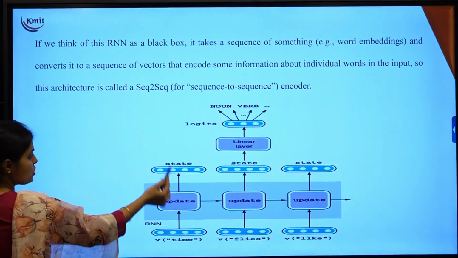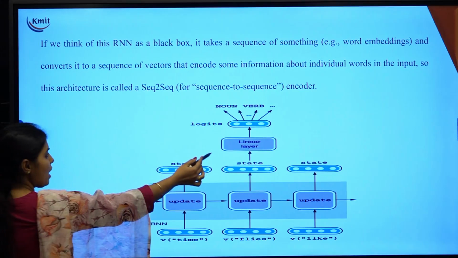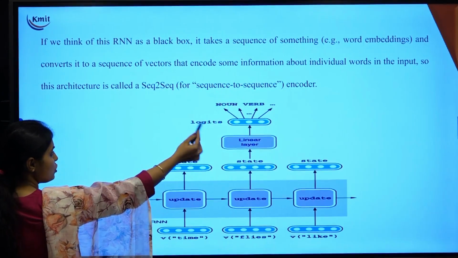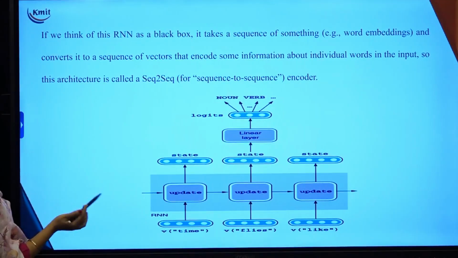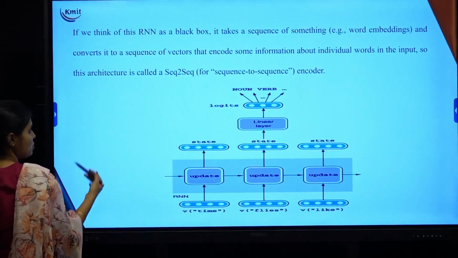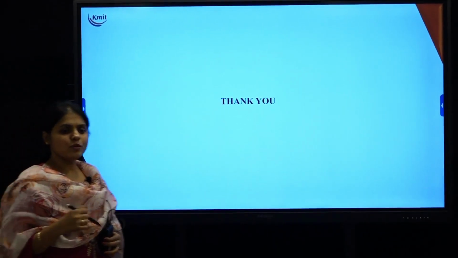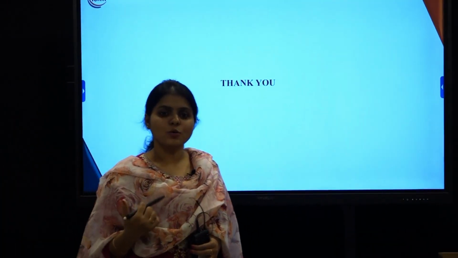For that you can add a linear layer where you produce your logits, that is the individual POS tags: noun, verb, adjective, preposition, pronoun and so on. So this is all about how we use an RNN for the sequential labeling task.